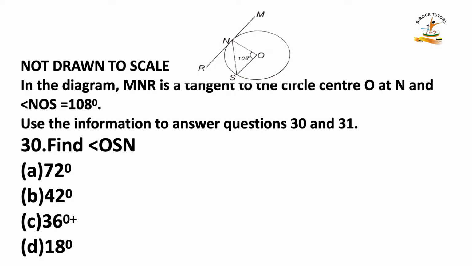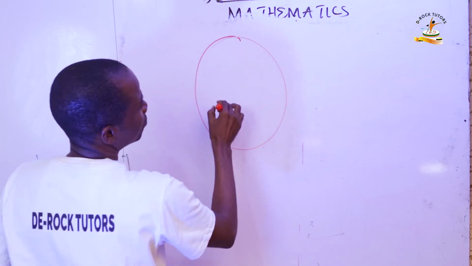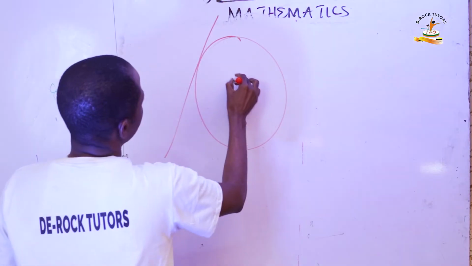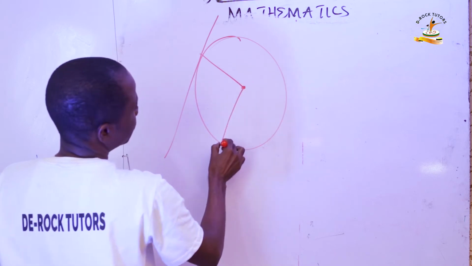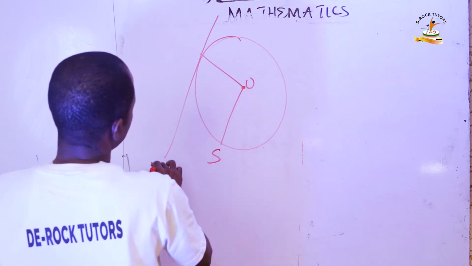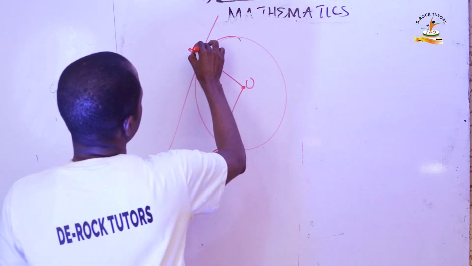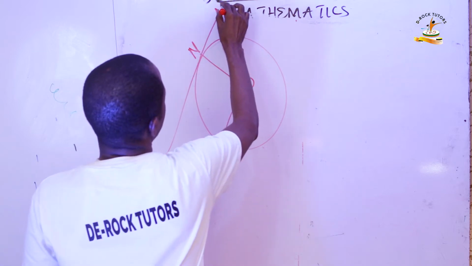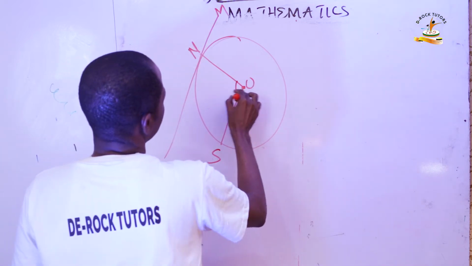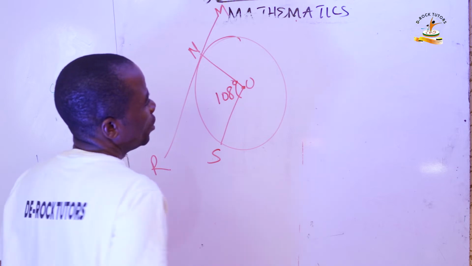Okay, let's go to number 30. We are given a diagram here, and if I recreate the diagram, this is S, this is R, this is N, and then this is M. And the angle here is 108 degrees.